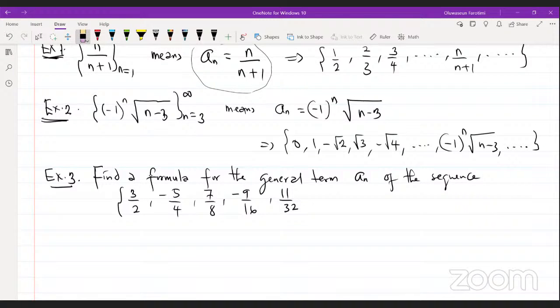Of course, it's infinite, right? So I have to put these 3 dots to show that it goes on and on.